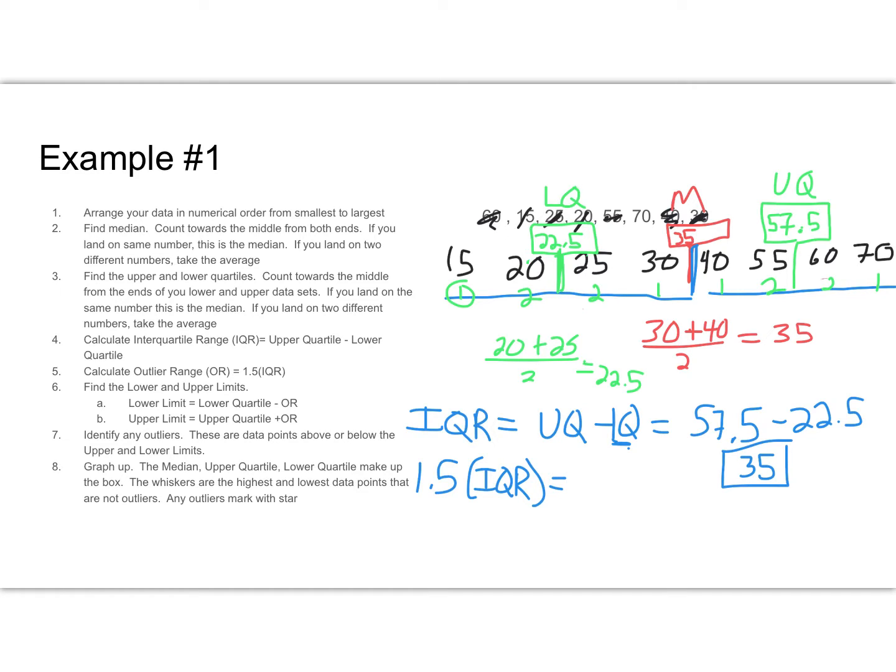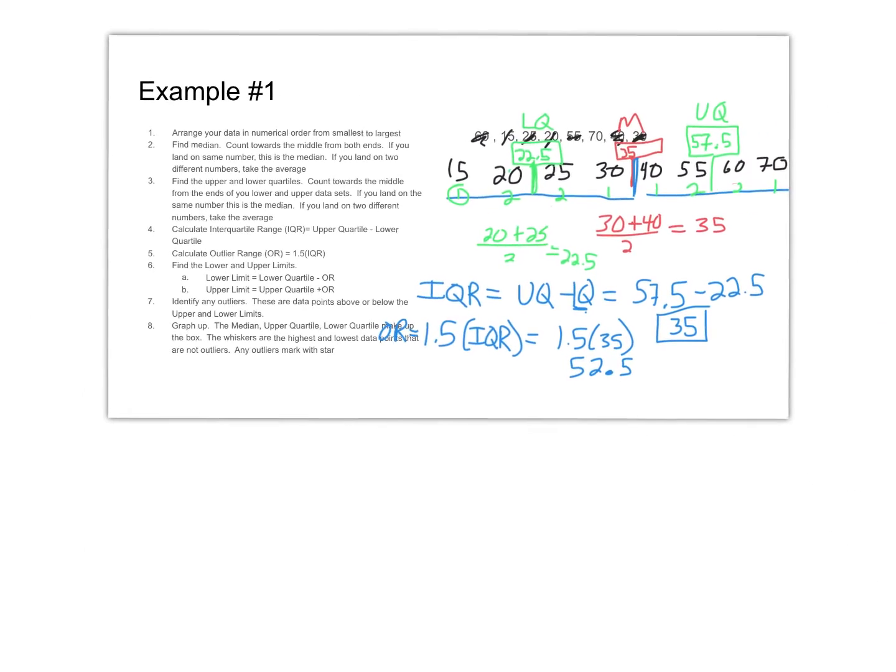So in our example, it's going to be 1.5 times 35, which gives me 52.5. What outlier range tells me is how far away from the quartiles the outliers begin.